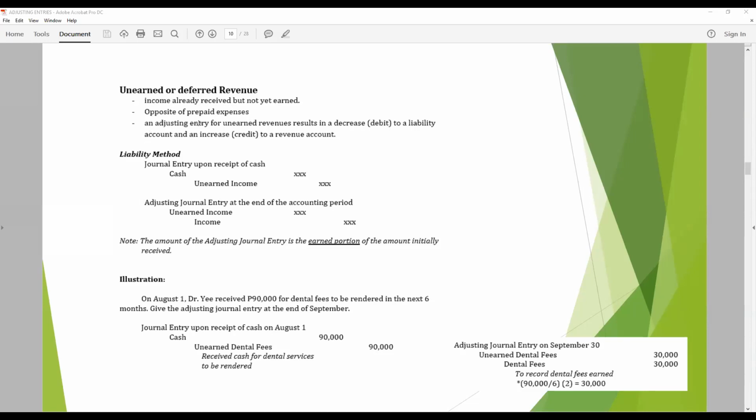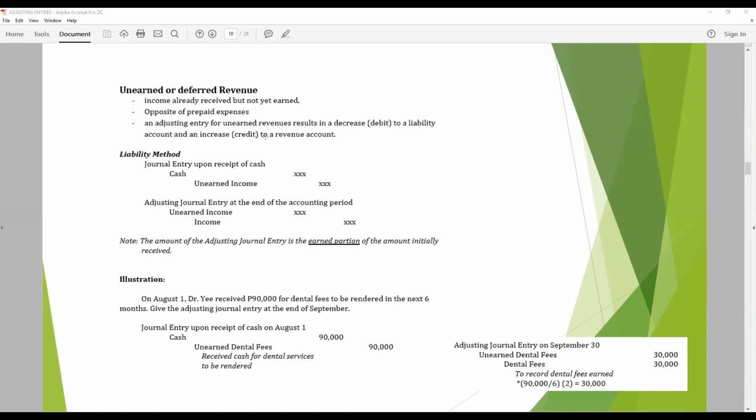So an adjusting entry for unearned revenues results in a decrease, debit to a liability account, and an increase, credit to revenue account. So you also have two, liability method and income method.